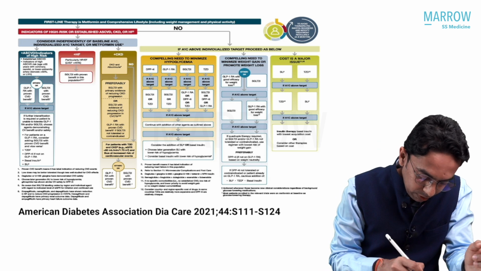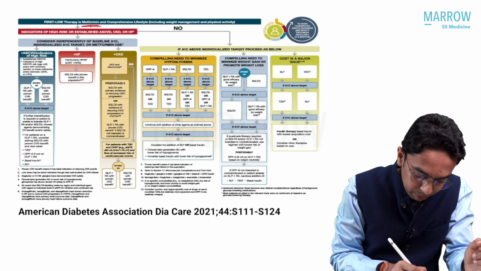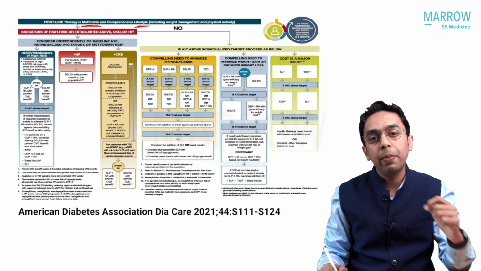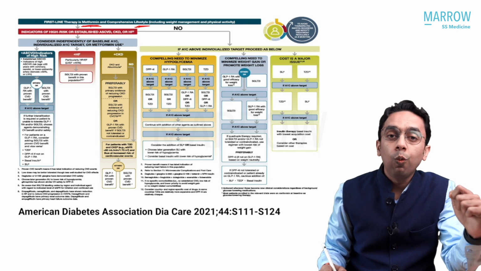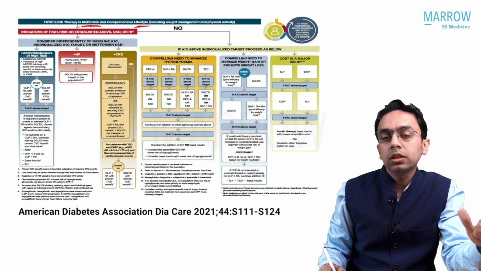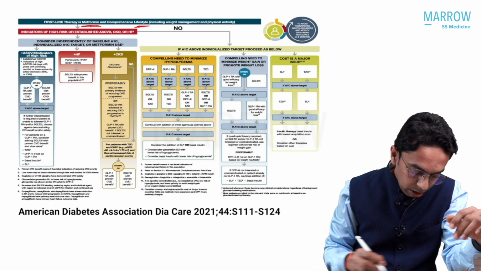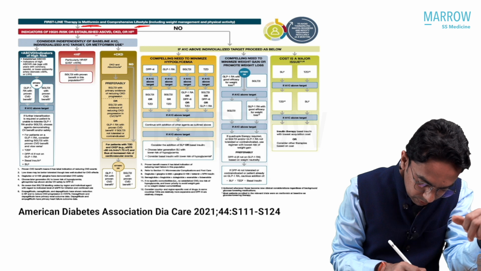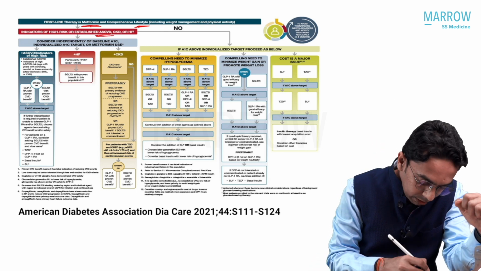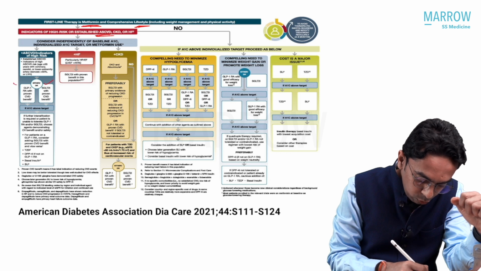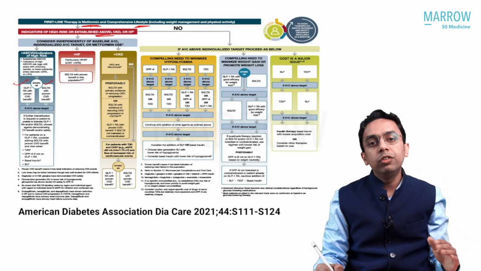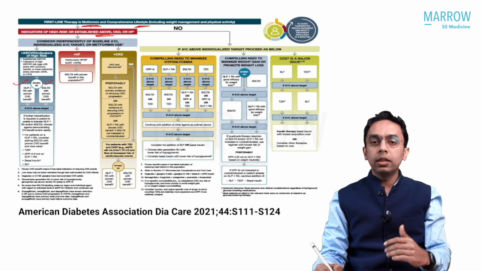So if it is not controlled after metformin and lifestyle, then you will look at other features, and depending on it, we decide which drug should be given after this. So clearly the question mentions that the patient has ACS. So if the patient has ASCVD, atherosclerotic cardiovascular disease, then you should give an SGLT2 inhibitor or GLP-1 analog. But if the sugars are not controlled with one, then add the other.